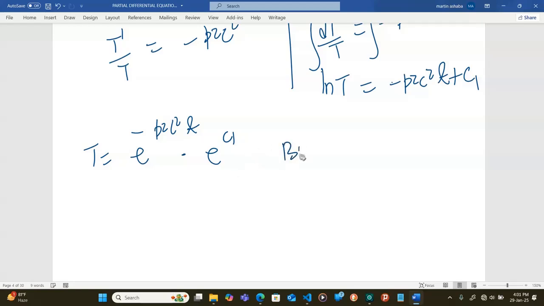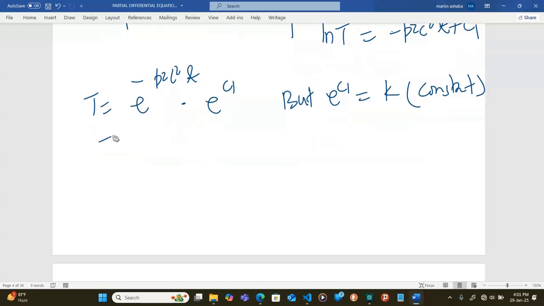But e to the power c1 is a constant, so I just call it k. And so T is going to have a solution equivalent to k times the exponential of negative p squared c squared t.